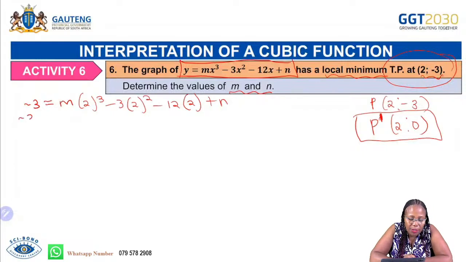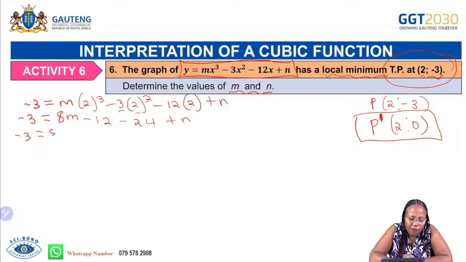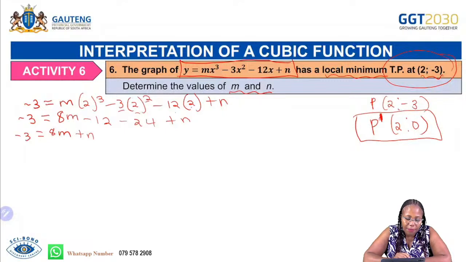This is minus 3 equals 8m, and then 2 squared is 4 times 3, that is minus 12, and then minus 12 times 2, that is minus 24, plus n. So minus 3 equals 8m plus n, and then minus 12 minus 24 is minus 36.